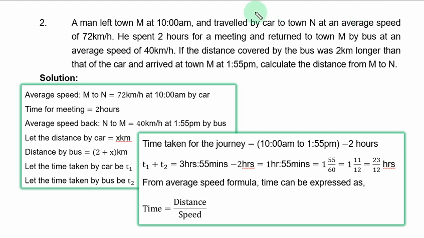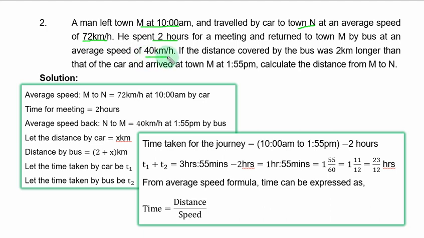Question 2. A man left town M at 10 a.m. and traveled by car to town N at an average speed of 72 kilometers per hour. He spent 2 hours for a meeting and returned to town M by bus at an average speed of 40 kilometers per hour.